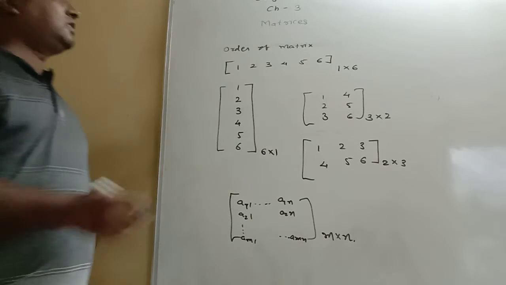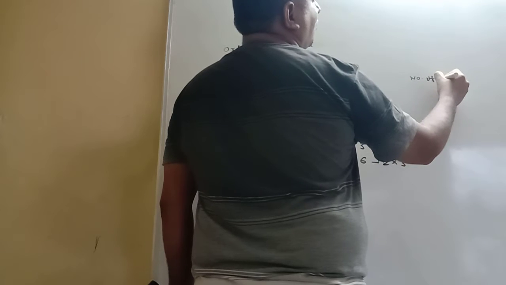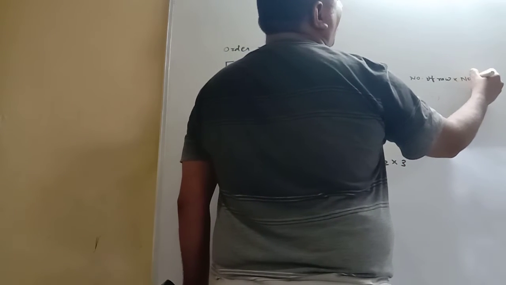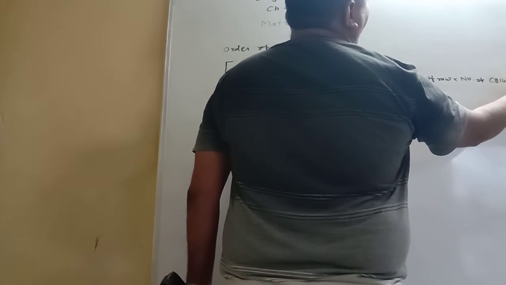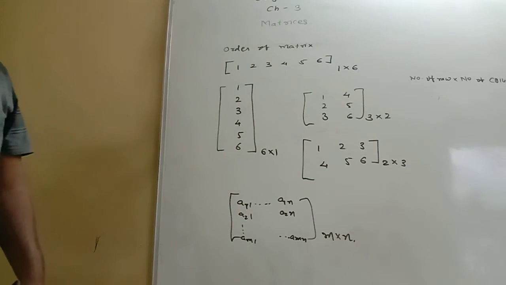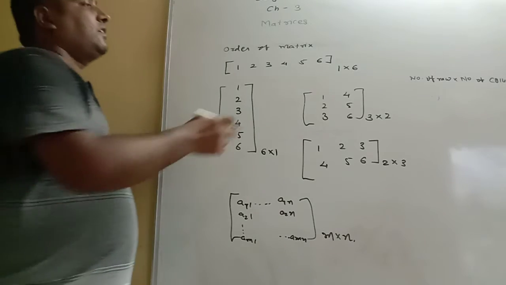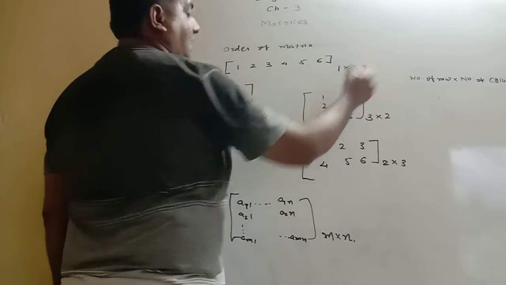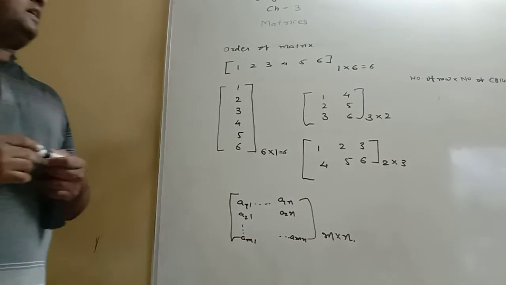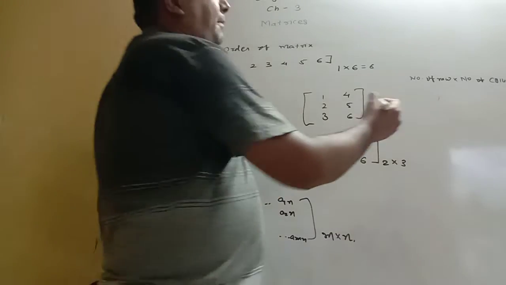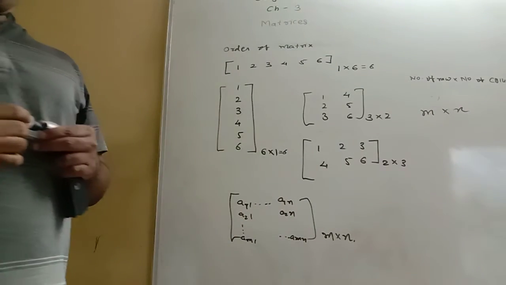Any matrix order is written as number of rows into number of columns. Multiplying the number of rows by the number of columns gives the total number of elements. Like here, 1 into 6, so it has 6 elements, and 6 into 1, so 6 elements. So the order of a matrix is written as m cross n, where m is the number of rows and n is the number of columns.